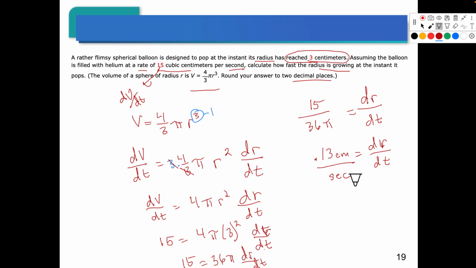There's a lot of moving parts. The key part, to me, is always that it starts with a formula where we have our two variables, and we take its derivative. They'll give us one of the rates, hopefully some way to get to one of the variables, and then we go from there. Want to see one more?